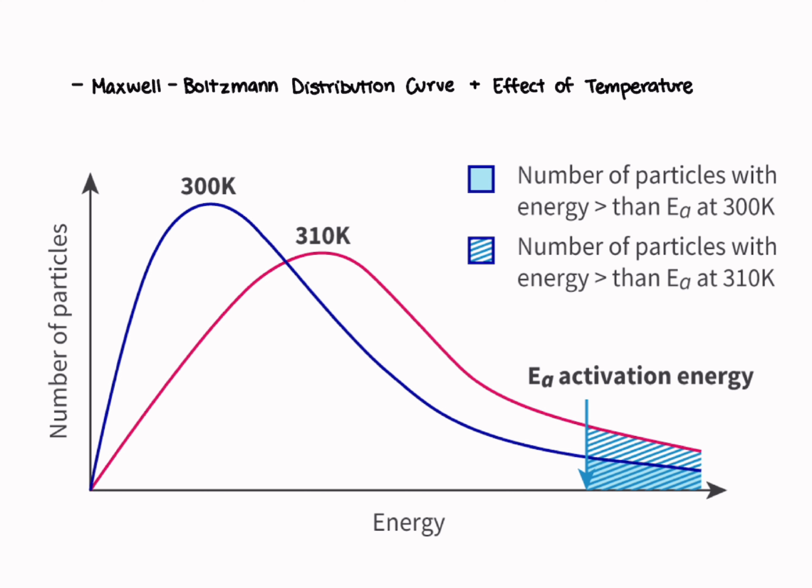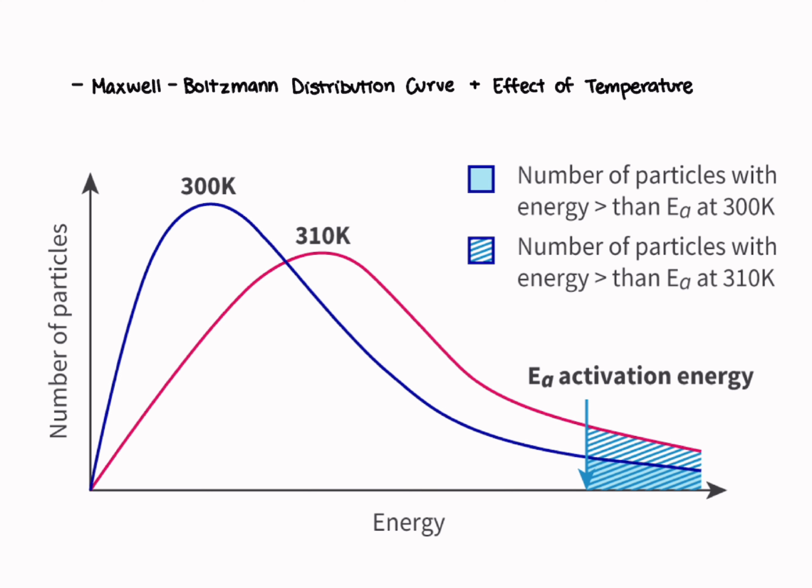The area underneath the blue curve here, that is above the activation energy, is only this much. However, the particles that hold a higher temperature have a larger proportion that is above the activation energy.